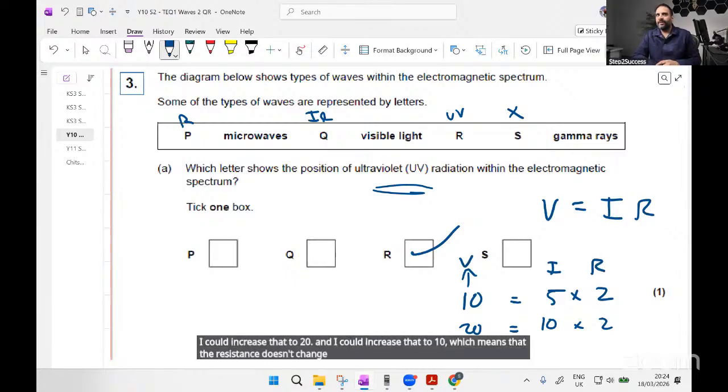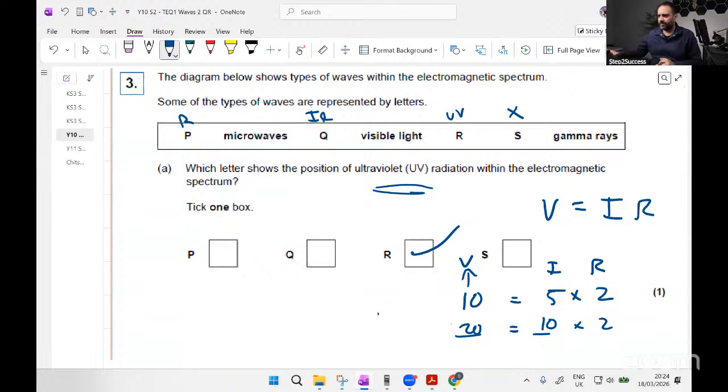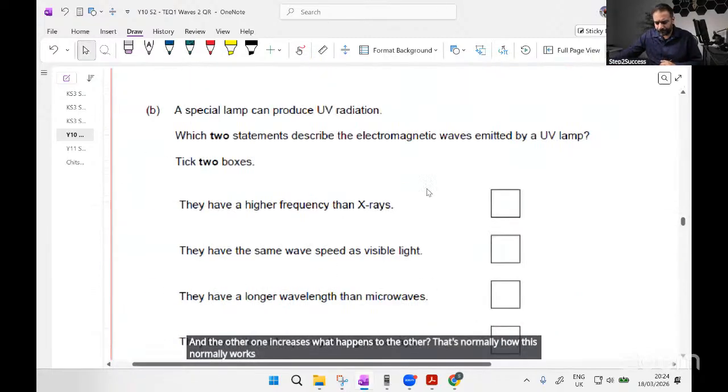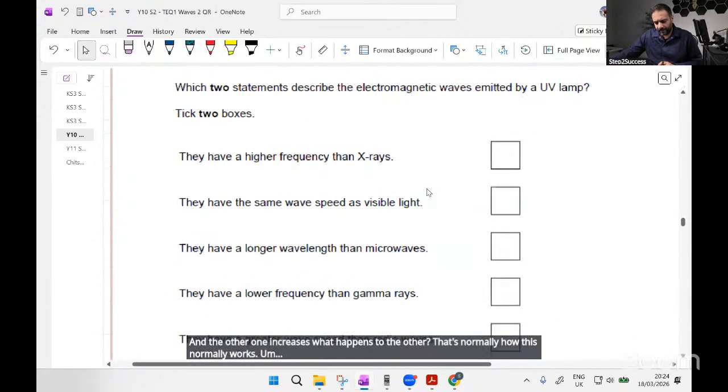There's no one answer to that question. It just depends on how much you're increasing it by. Here I've increased both of them and the resistance has not changed because it still works as a formula. A better question would be, if one of them stays the same and the other increases, what happens to the other? That's normally how this works.